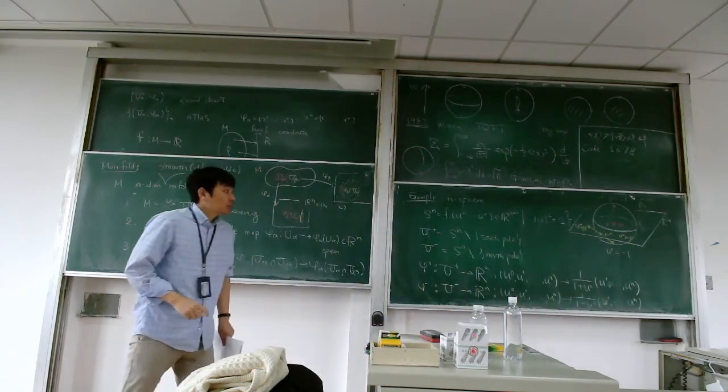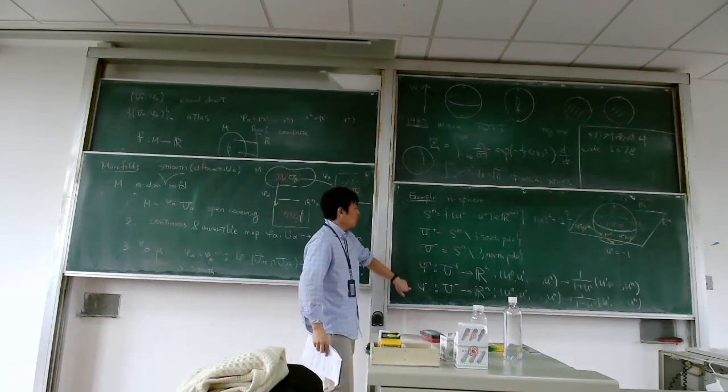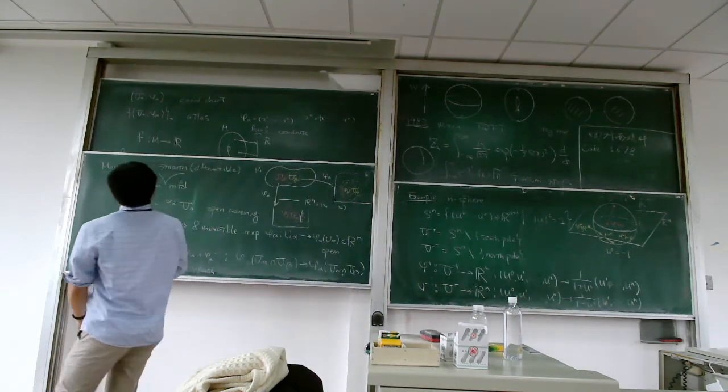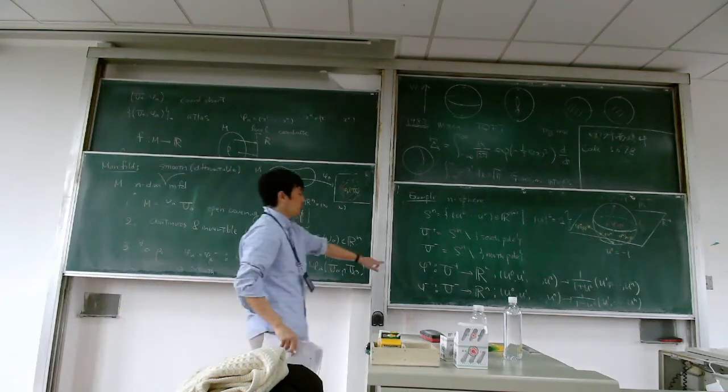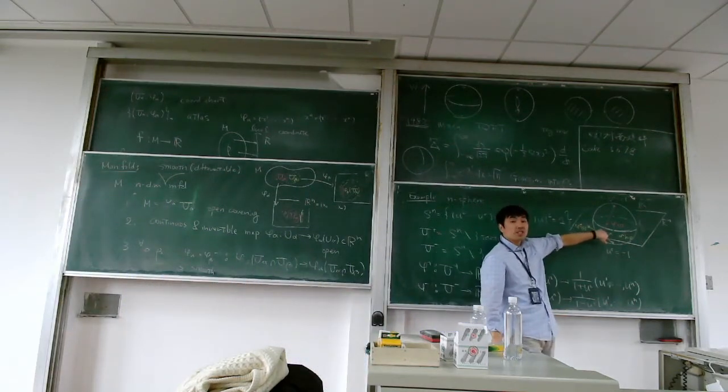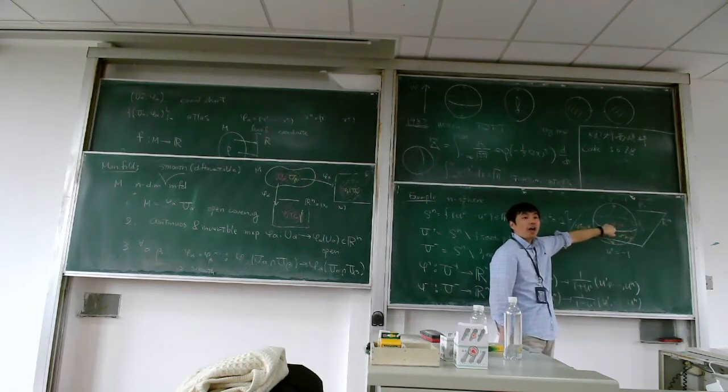So under what I call a coordinate chart, the same point on the sphere is mapped to different points on Rn.